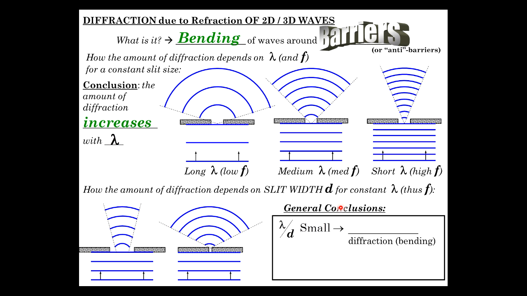Or d is large. With d being large here, not much bending. So it's weak diffraction. And by the same token, if that ratio is large, then we're talking about a large wavelength or a small slit width, and that results in strong diffraction, a lot of bending.